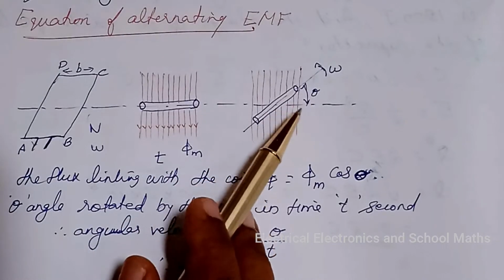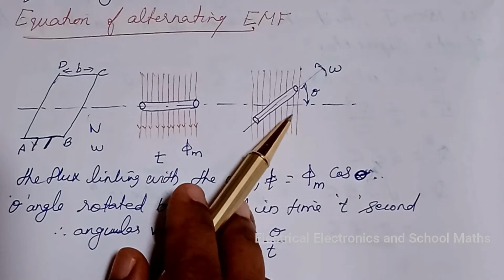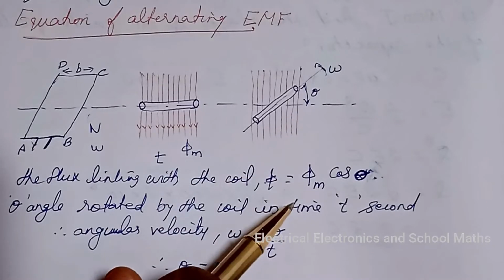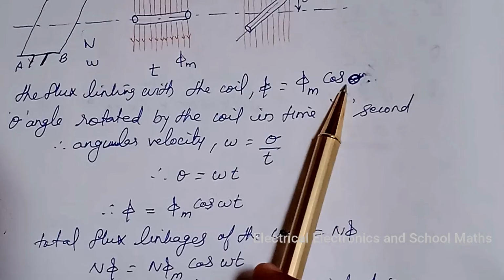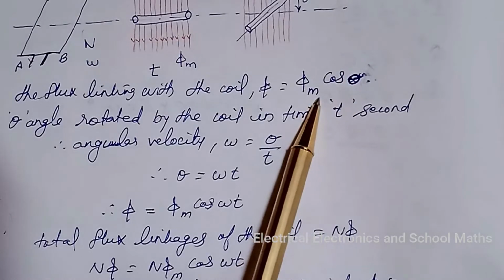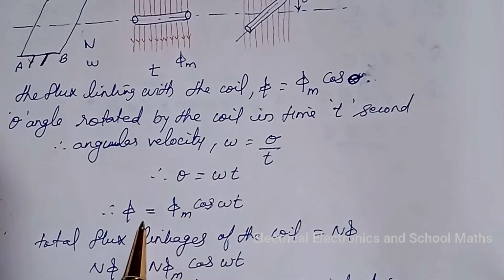That is, theta is the angle rotated by the coil in time t seconds. So we can write angular velocity omega equal to theta by t. From this we can write theta is equal to omega into t. So the flux linking with the coil is phi equals phi m cos omega t.